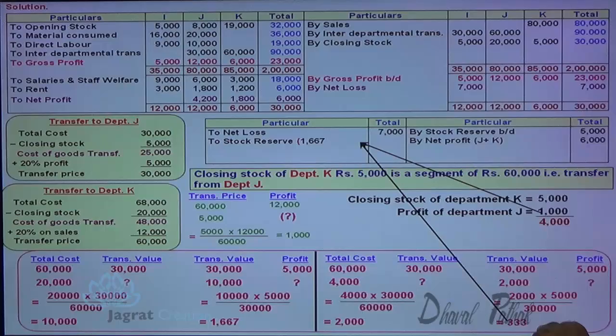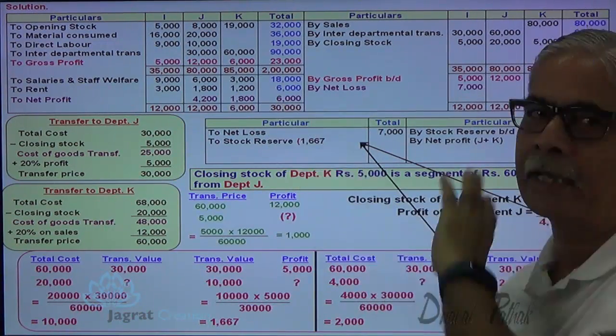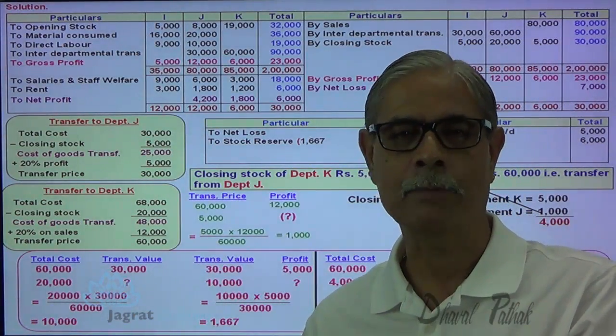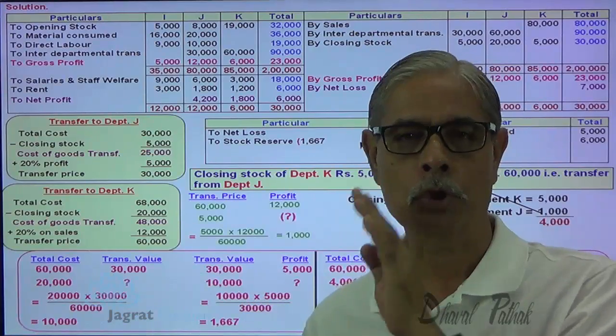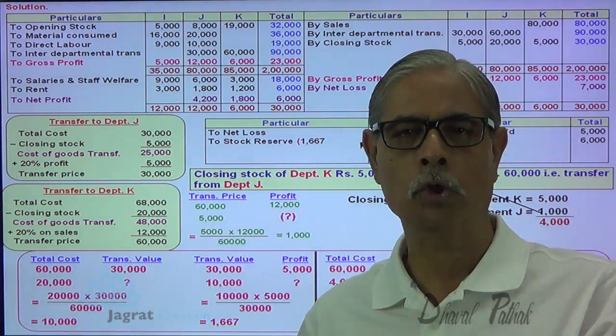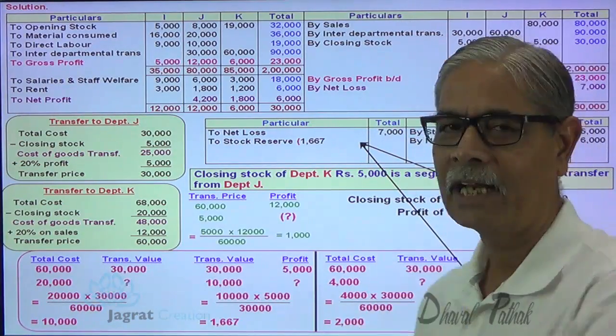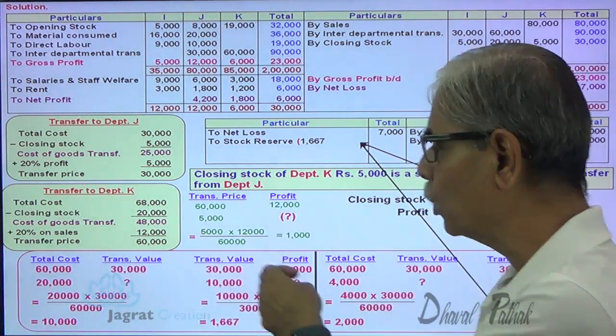333 is the profit element in the stock of K charged by department I. Because I transferred at a profit to J, and J transferred at a profit to K. So stock in K holds the profit not only of J but also of I. And to find out the profit element of I, this procedure is followed.